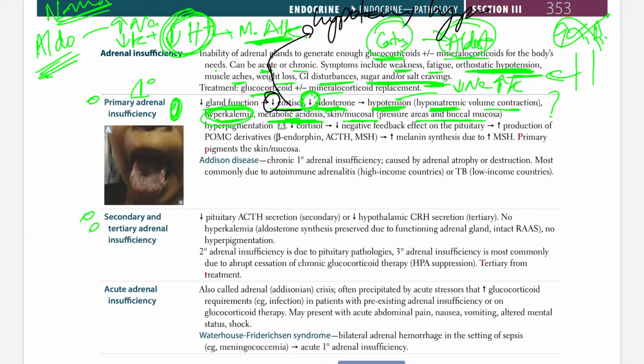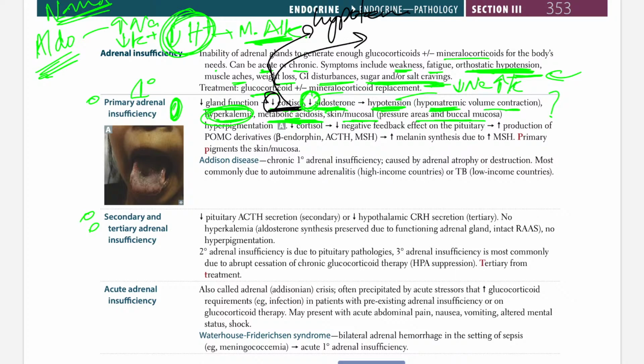Now it's not there, so it's going to cause hypoglycemia. Important thing. Other than that, with low cortisol, you are going to have eosinophilia. And you will also have anemia, and that anemia is going to be your normocytic normochromic anemia.